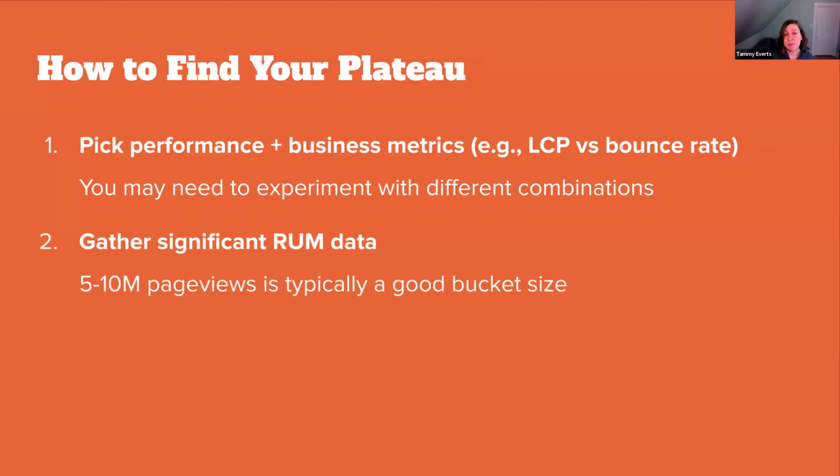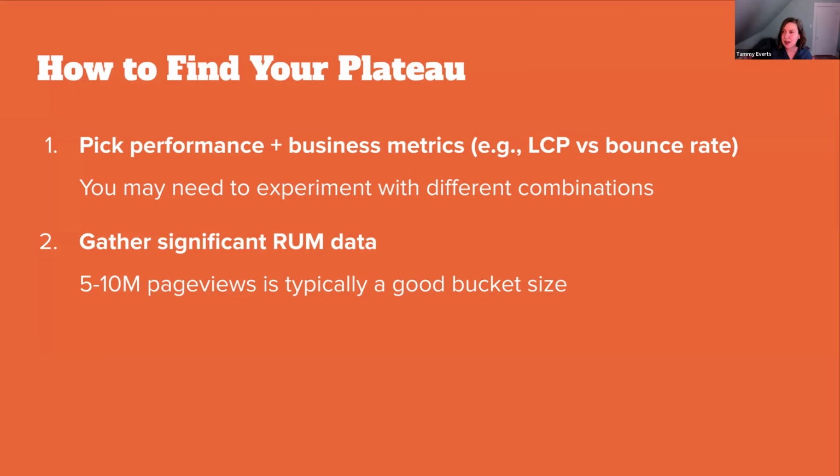You'll need to gather a significant amount of RUM data. I have found that if you get below 5 million page views in your total bucket, your correlation lines might be a bit wobbly.